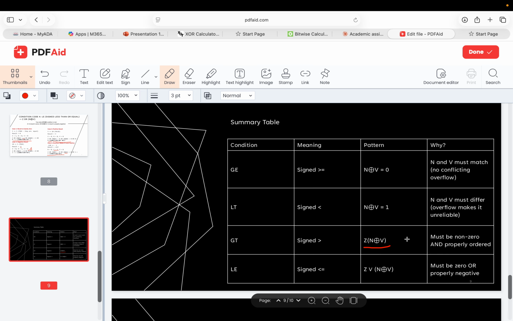So the last one is less or equal, which means that Z or N XOR V should be 1, because it's either 0 or a negative number.